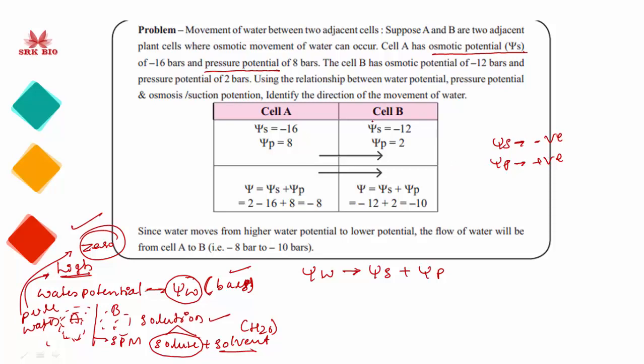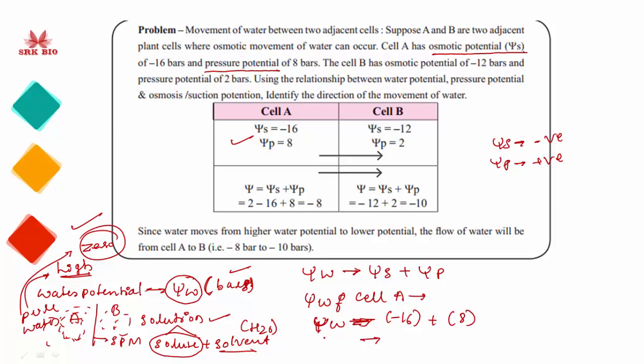So here the two values are given. Let us calculate the water potential of cell A by adding the given values. What is the solute potential? Minus 16, and the pressure potential is 8.